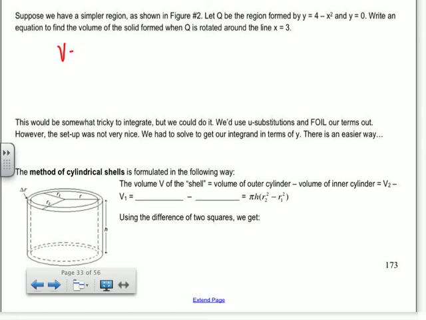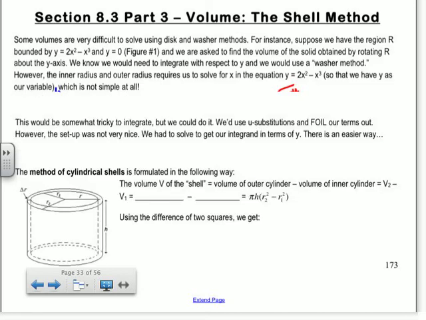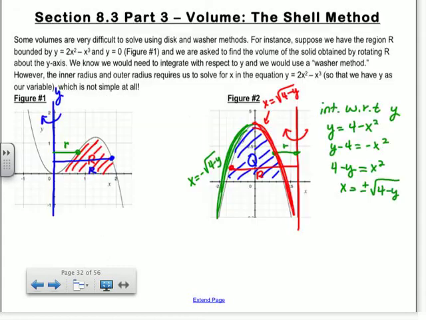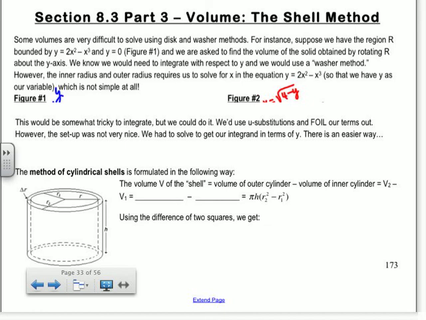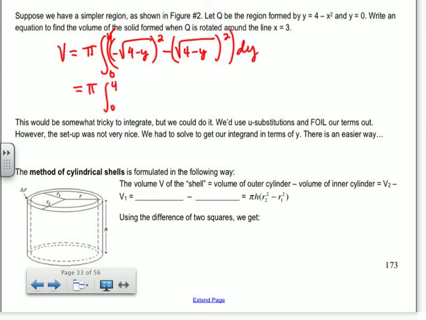Okay, let's go ahead and set it up. My volume is going to be pi times the integral; my y values go from 0 to 4. I'm going to have my outer radius squared minus my inner radius squared. The outer radius is the negative number, so negative square root of 4 minus y, squared, minus my inner radius squared. So this is 0 to 4.